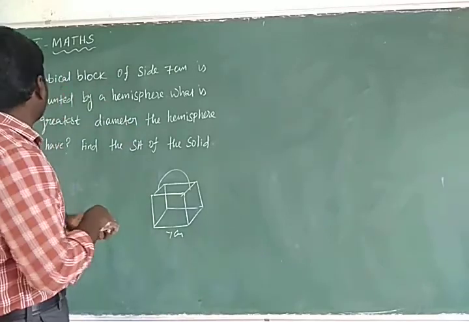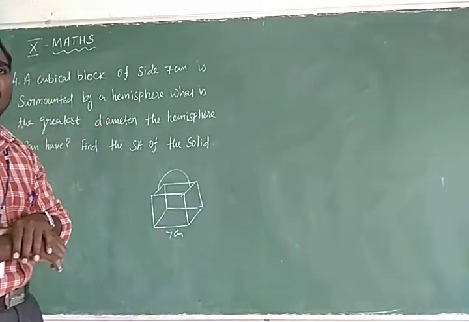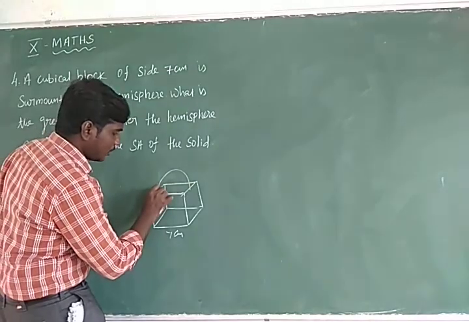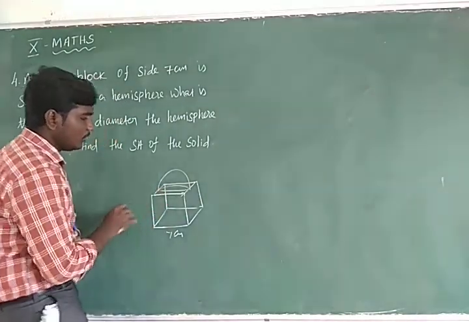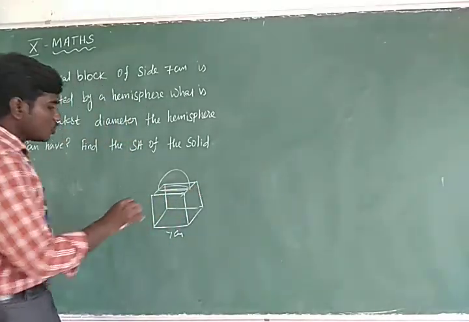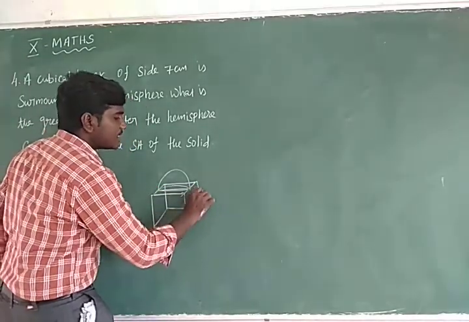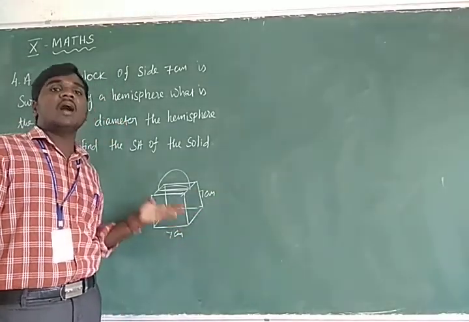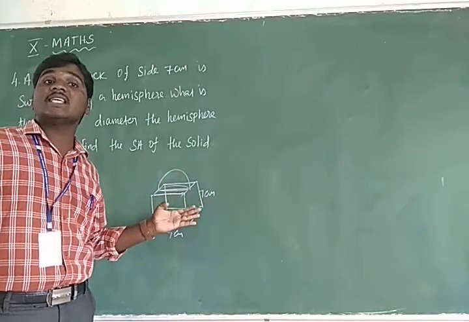Okay, right. What is the greatest diameter of the hemisphere? So it is surmounted. What is the greatest diameter? The length is the diameter. So what is the length? 7 centimeter, because it is a cubical block, all the sides are equal.